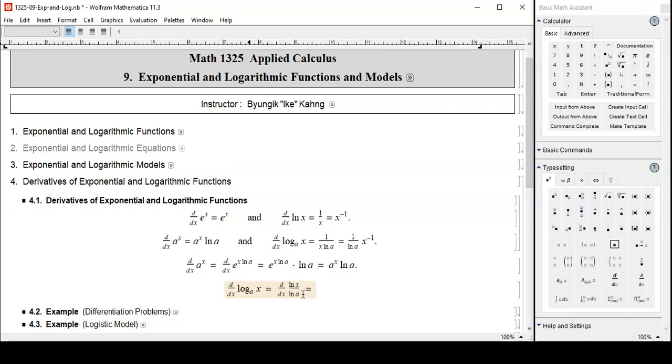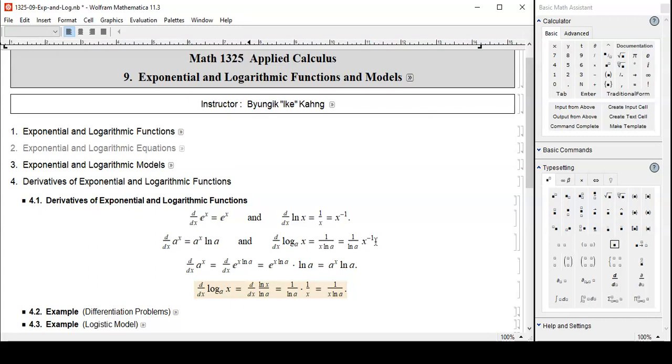Let me copy and paste all these. 1 over log of a is a coefficient, so it stays the same. And the derivative of log of x is 1 over x. Therefore, you get 1 over x times log of a.